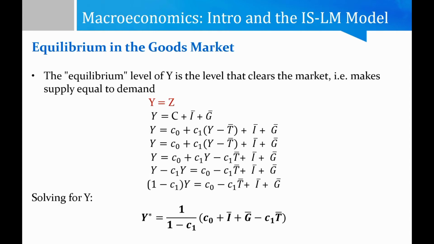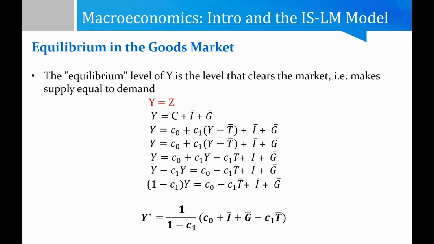Equilibrium in the goods market. The equilibrium level of Y is the level that clears the market, or the level that makes supply equal to demand. Using the market clearing condition that Y must be equal to Z, we can solve for the level of Y that clears the market, or the equilibrium level of Y. So Y is equal to Z is our starting point.